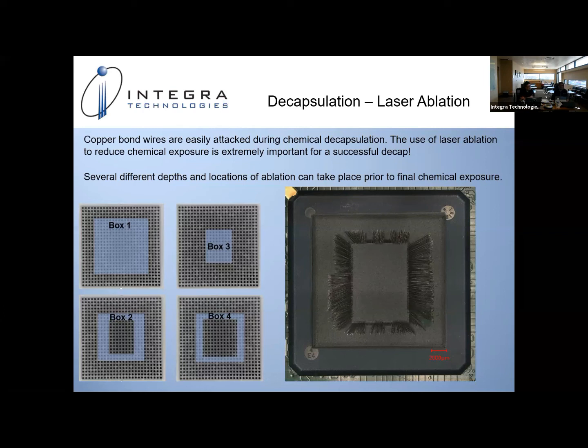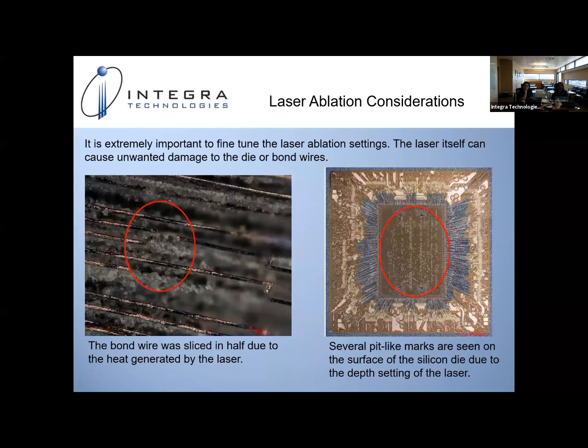In the case of laser ablation, you ablate maybe 80% of it, and the last 20% is a little chemical etching, and that allows us to not have the bond wire as much attacked. We probably have 95 to 97% of the bond intact, very, very little attacking going on when we use the laser ablation and chemical decap.